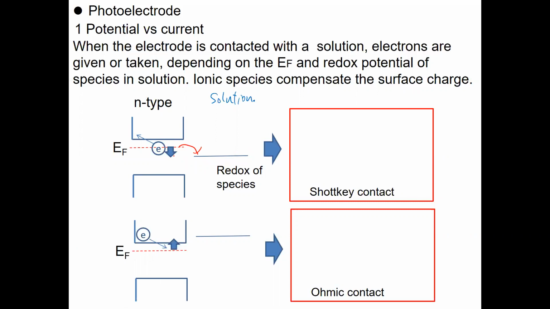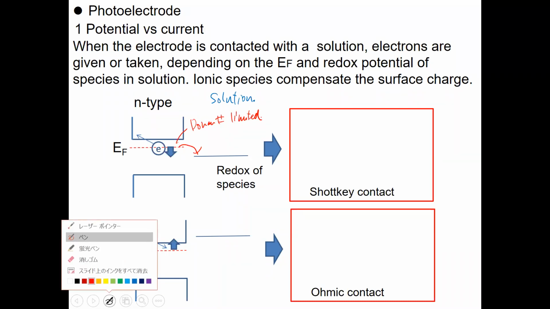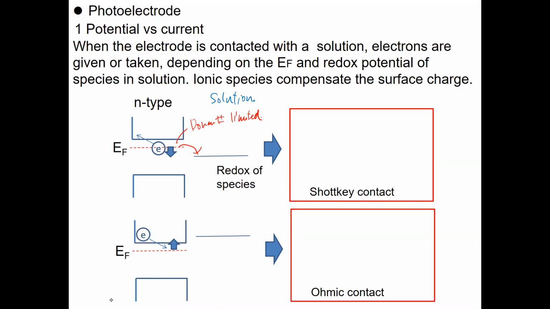And the key point is gradually, because as I mentioned, the donor number is limited. So different from metals, it cannot change the band suddenly, right? That's why the band is gradually changed by giving the electrons.